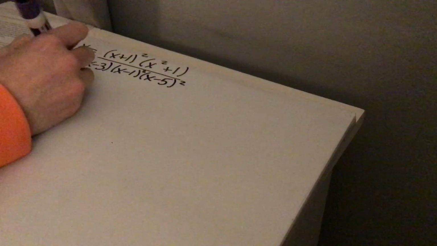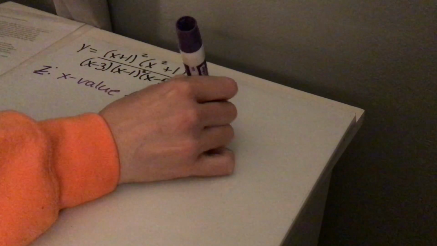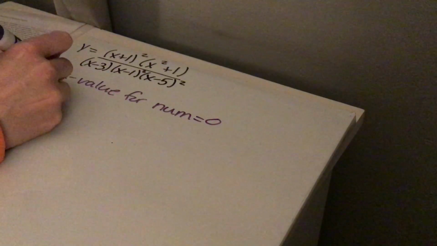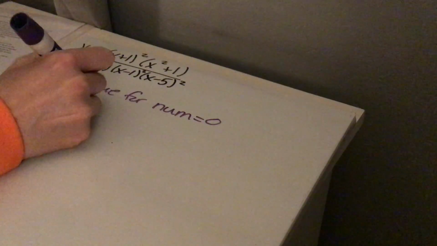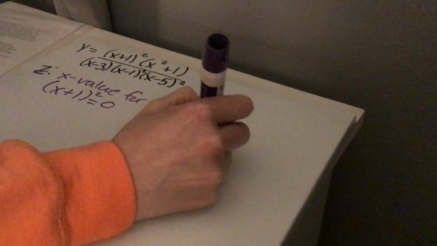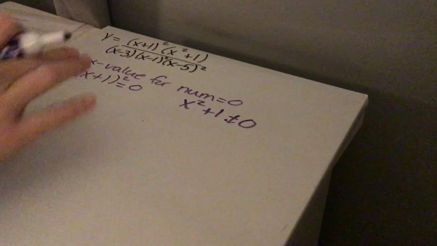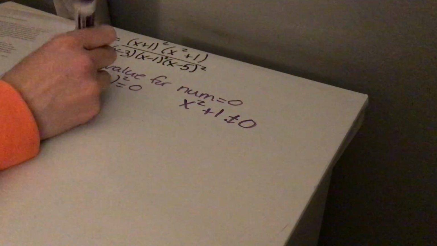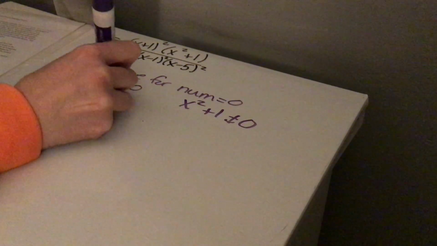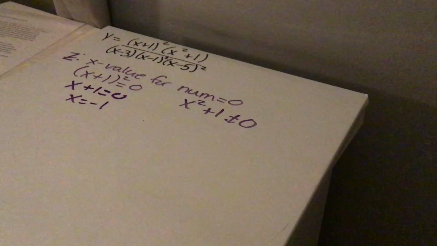Okay, then we're going to start looking at the zeros. And the zeros are when the numerator equals 0. It's already in factored form, so that tells us x plus 1 squared would be 0, and we decided that x squared plus 1 can't ever equal 0 for real values. So we're going to solve this, take the square root. So we get x plus 1 equals 0, and x equals negative 1 is a 0.